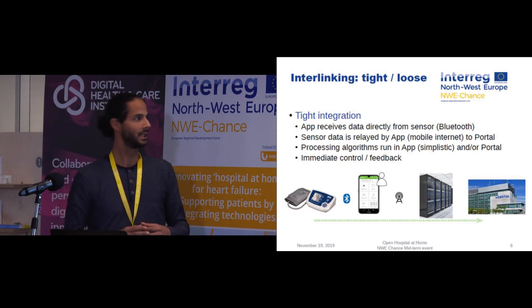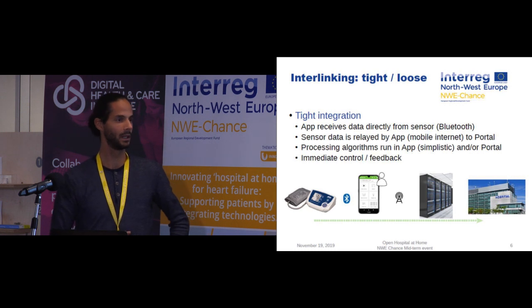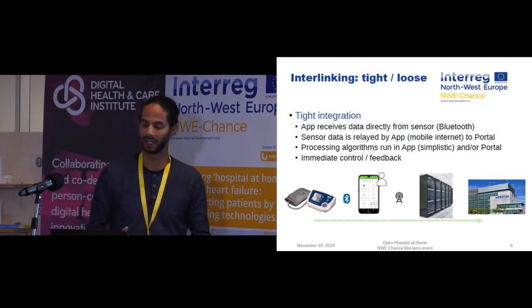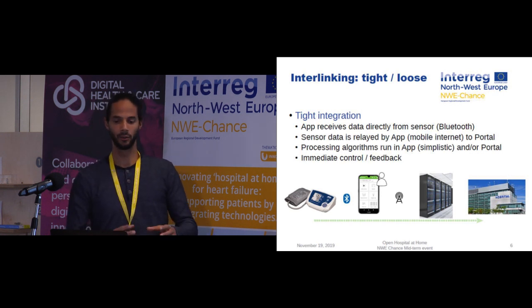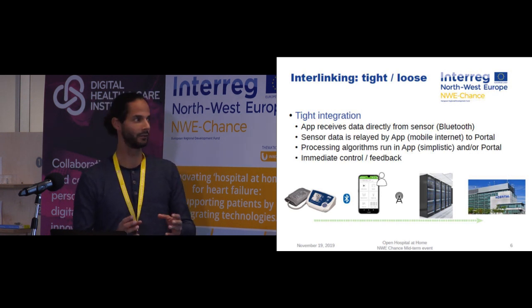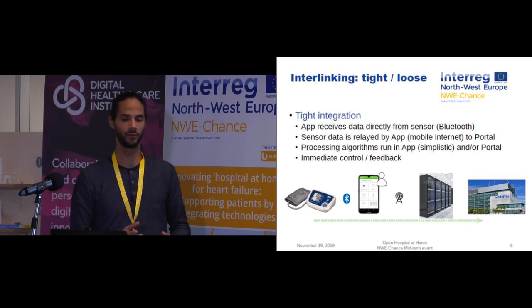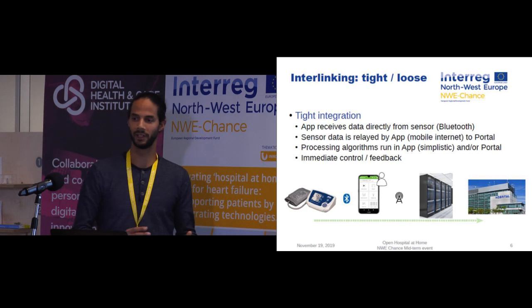How do we connect the devices into one system? We discovered two different main ways of doing that. Tight integration means that you're using the smartphone, or whatever the user is using, as the central agent to connect directly to a device.